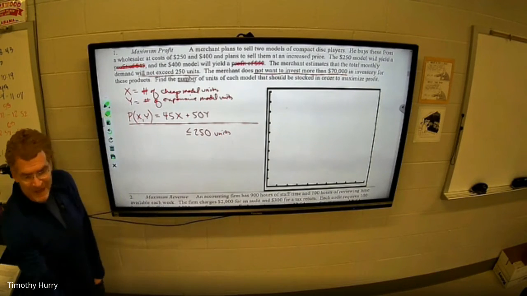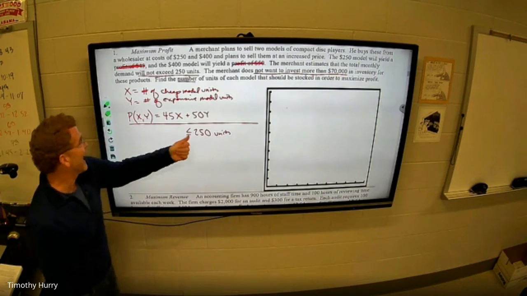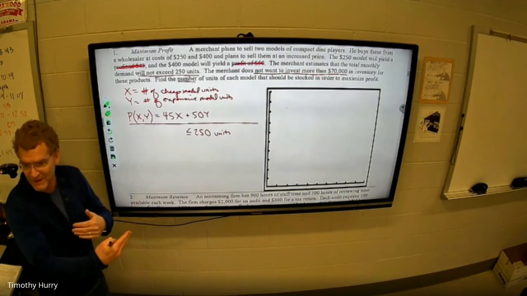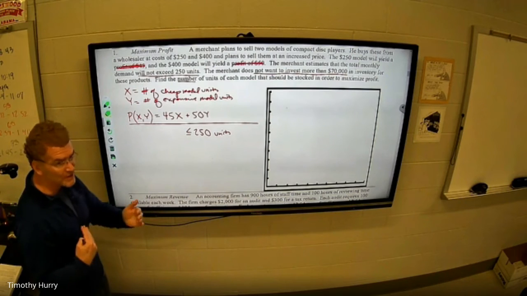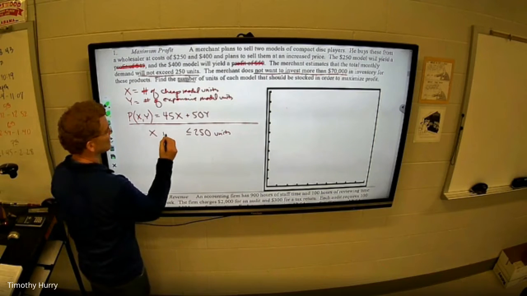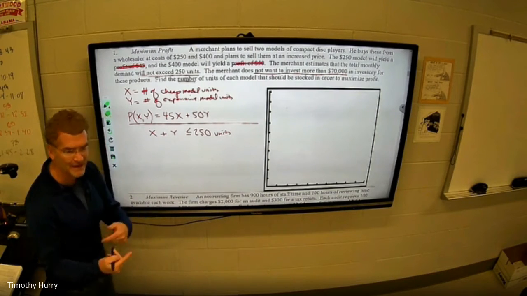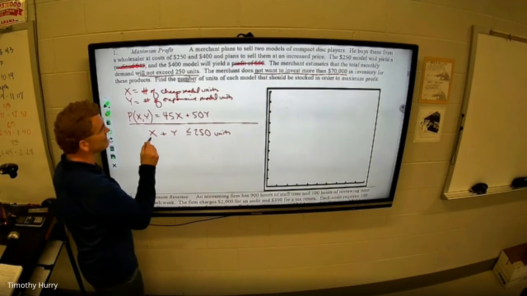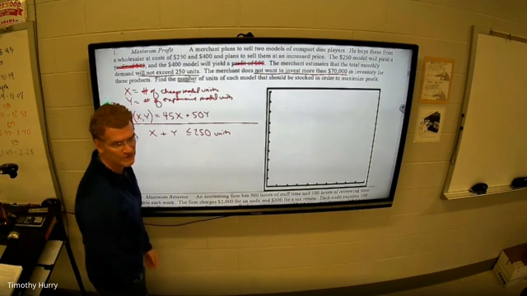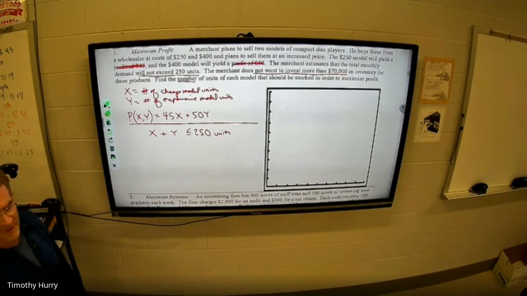If X and Y are also units that I'm selling, what do you think an equation would be? X plus Y. And you could check that because this is a number that I'm selling, and this is a number that I'm selling. The total number has to be less than or equal to 250. So I feel pretty good about that equation.